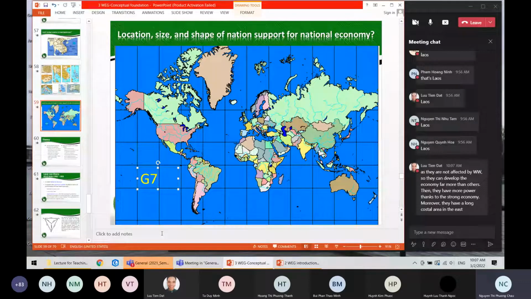The United States sold a lot of new weapons and supported World War One and World War Two, and through this, the United States earned a lot of money and spent it to develop the economy. That's why from World War One to World War Two and until now, the United States could develop its economy to be the strongest in the world. Do you think so?